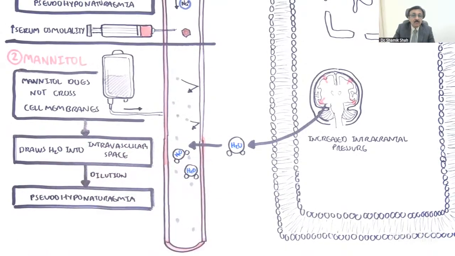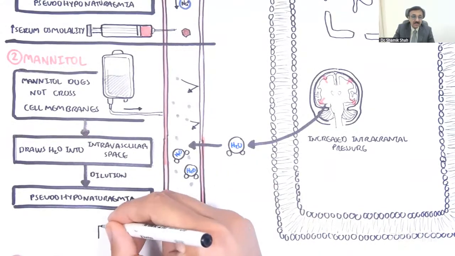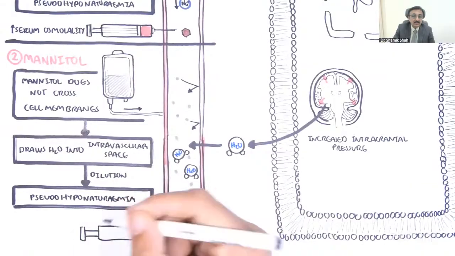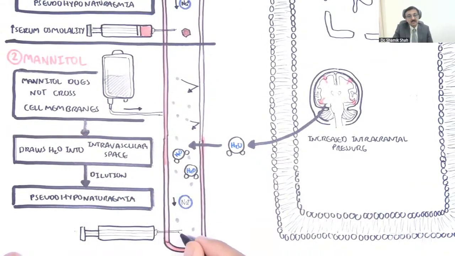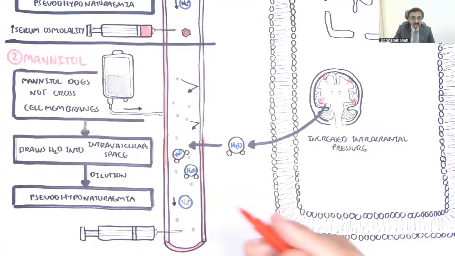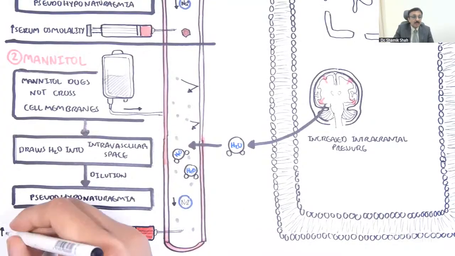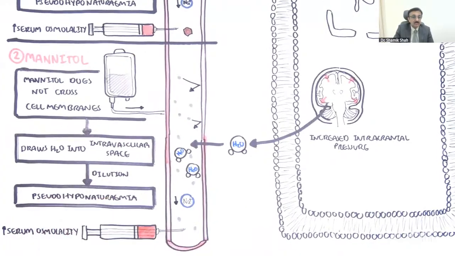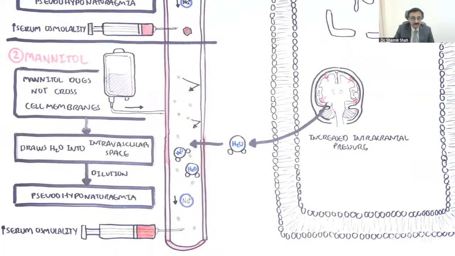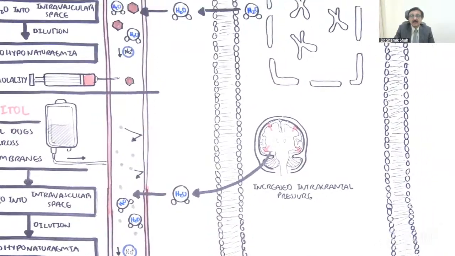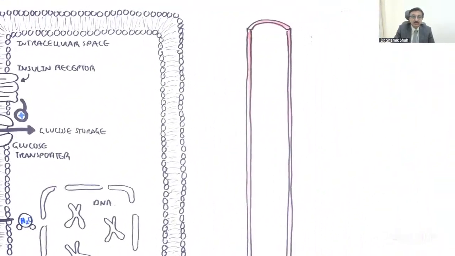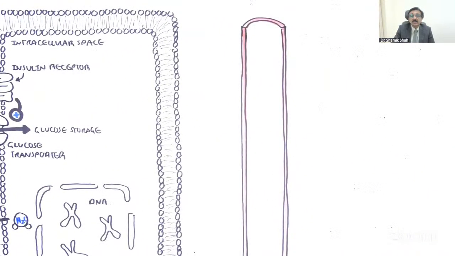So there is more water compared to sodium inside the intravascular space, but the true sodium which is inside the blood is in the normal range. When we look at the serum osmolality, here also the serum osmolality is higher. So mannitol is a second important cause of pseudohyponatremia.